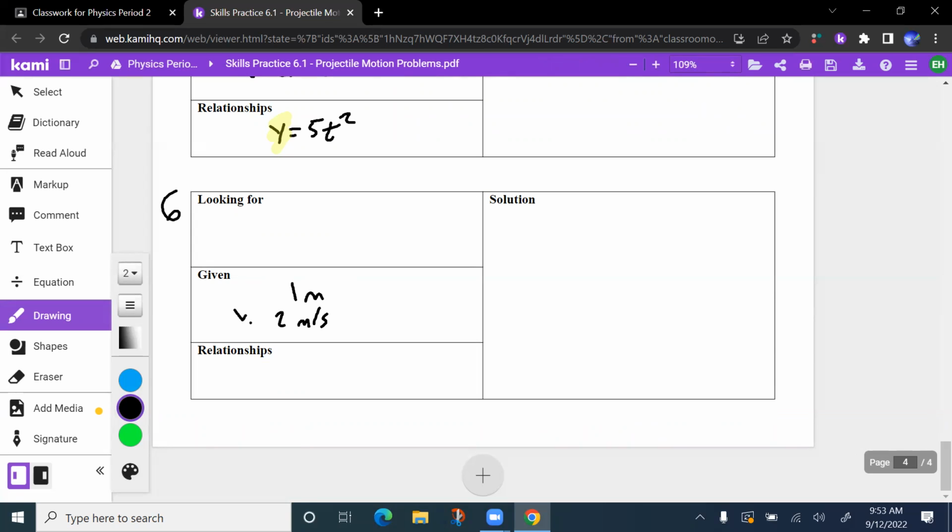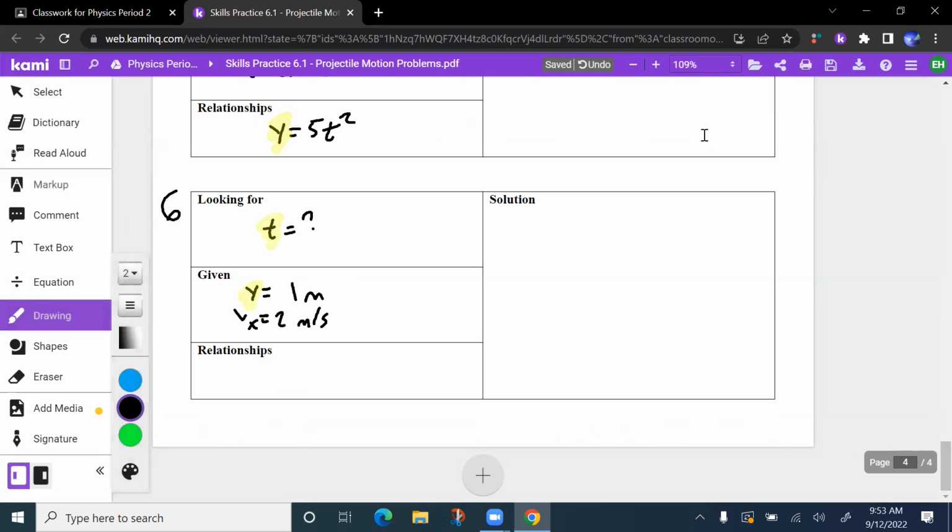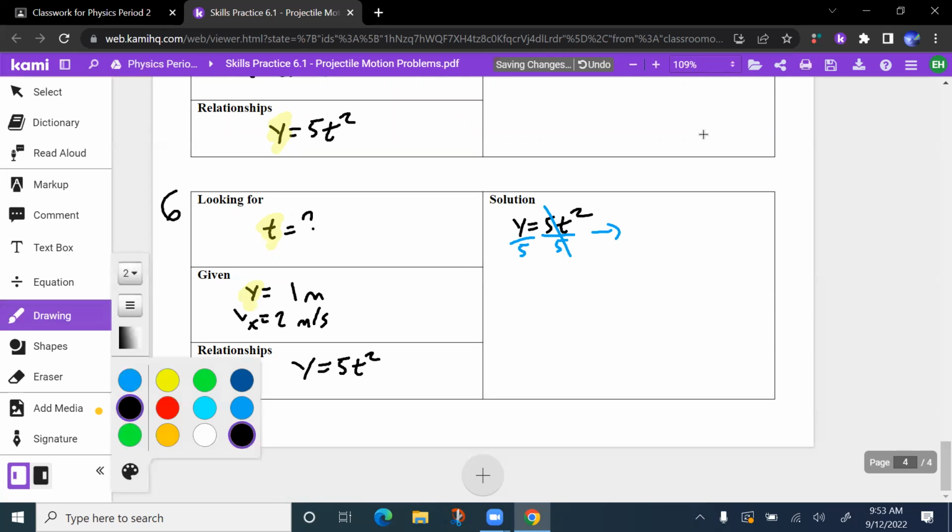Okay, so there's our given information. 2 meters per second. Y is 1 meter. We're looking for time. The only equation, we've mentioned this a lot already, that has y and t in it would be our equation number 11, 5t squared. So y equals 5t squared. We've solved this for t a few times already. Go ahead and divide away the 5.